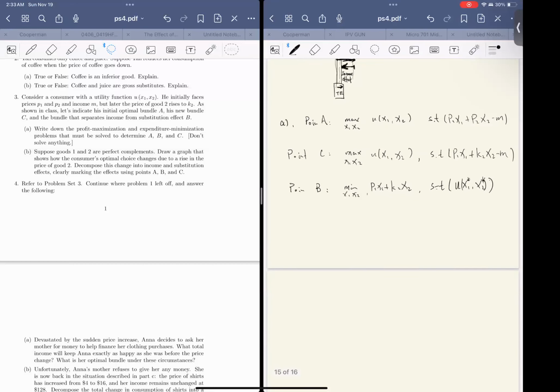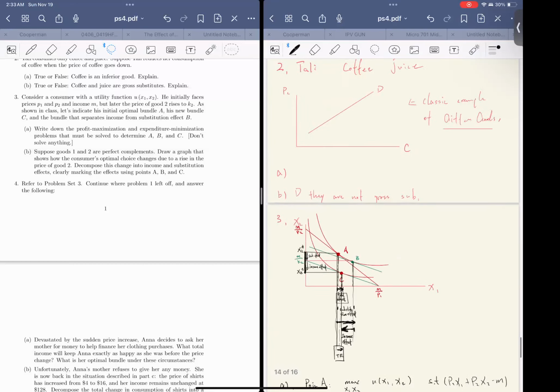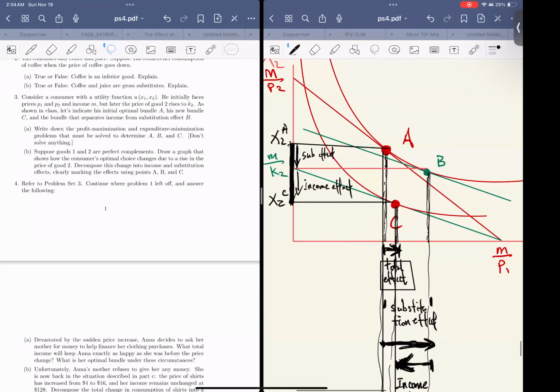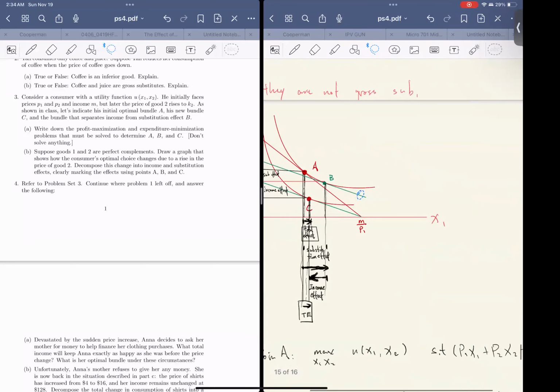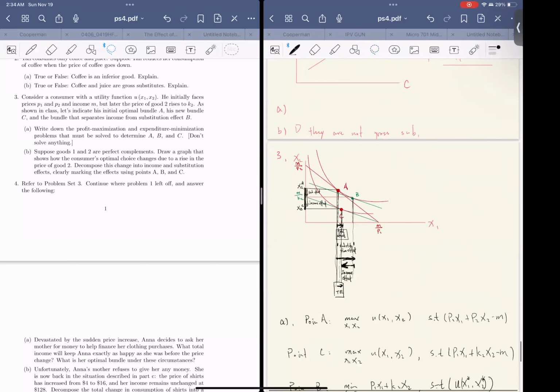Okay, so let me show it animatedly. How am I gonna show this?